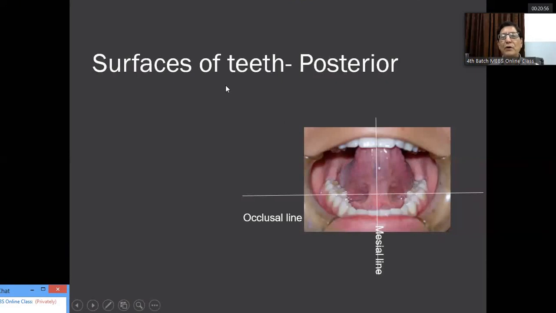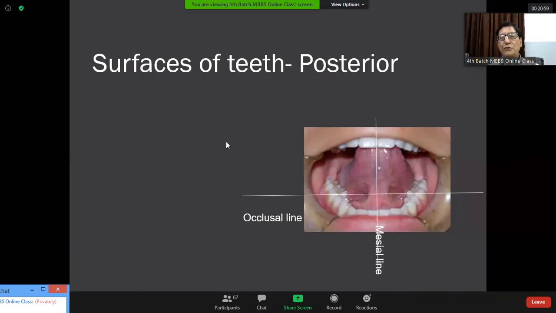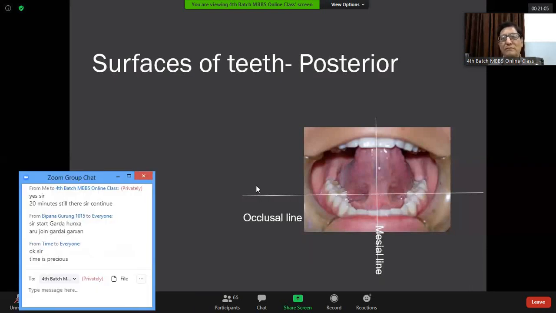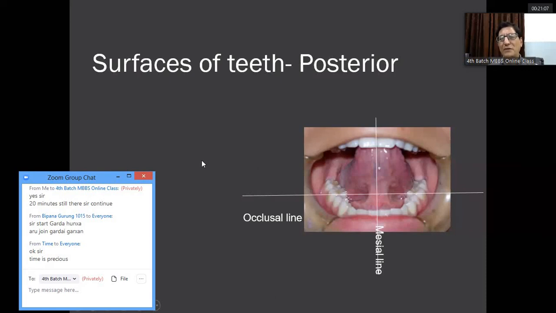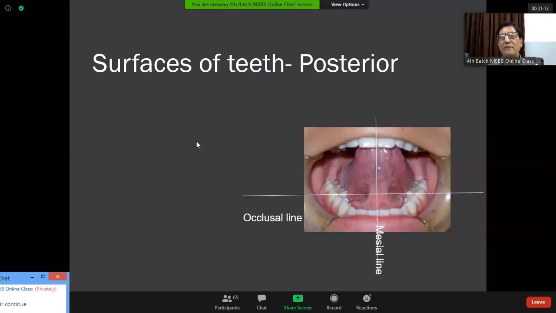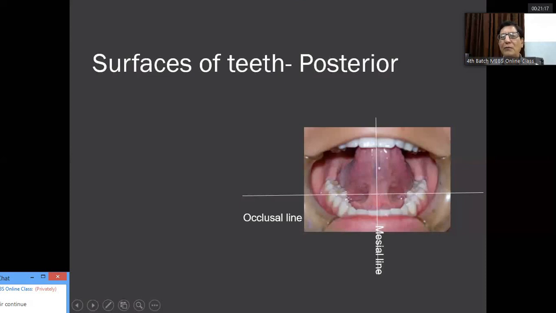So I would like to request you to practice these clinical notations. We usually use the Palmer notation method most of the time, but we also use the Dental Federation system. What I want to say here is that in Nepal, we have not even been able to use one single notation because we get trained from different schools.